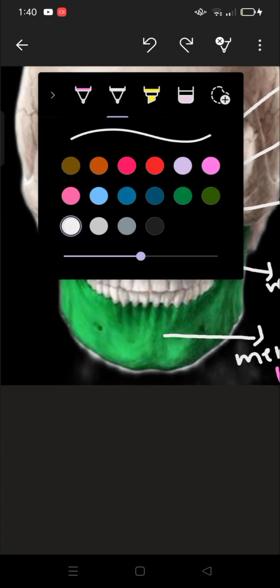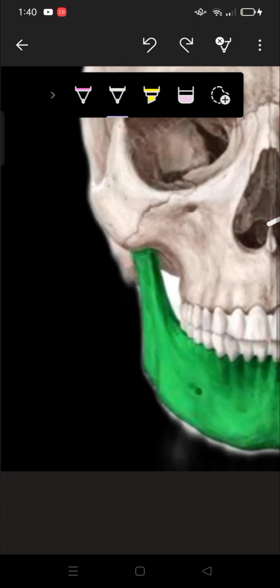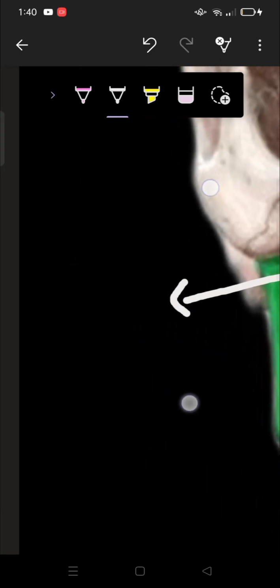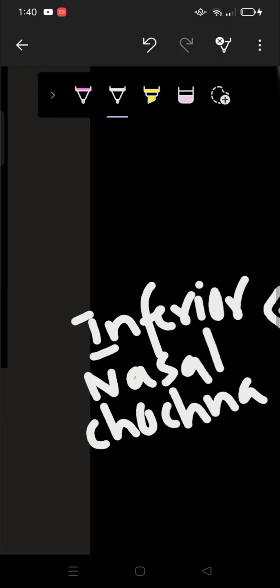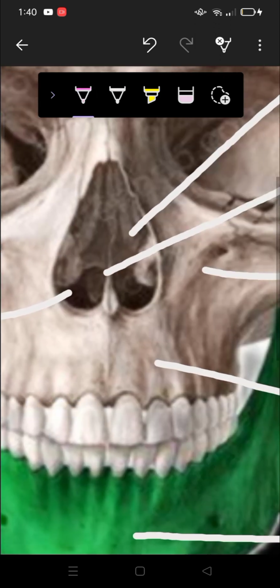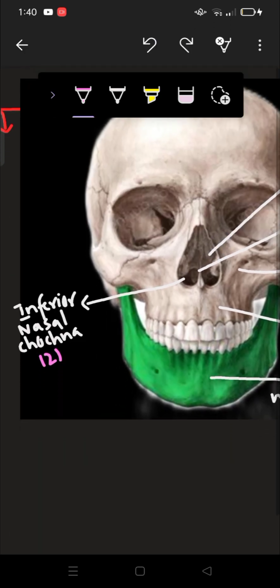Here we have 2 bones, which are known as inferior nasal conchae, which are 2 in number. As you can see, one here, and another here. So here we have 2 inferior nasal conchae.